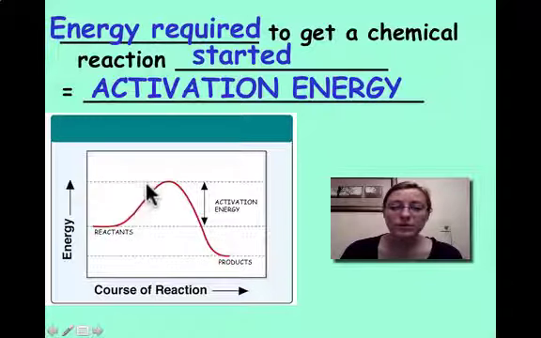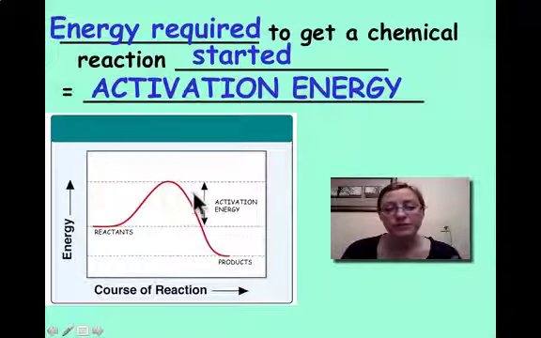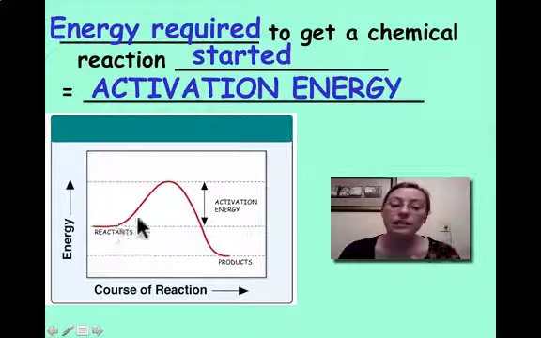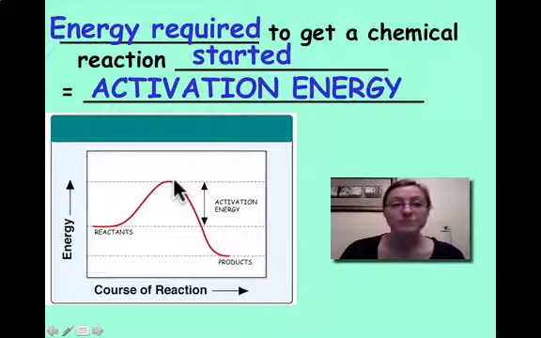So we need to input energy into the system, and remember that energy being inputted is to break bonds, and then energy is given off as the products are made, and if there is more energy given off than we had at the beginning, then we're going to call this an exothermic reaction. Okay? But regardless whether it's exothermic or endothermic and we end up here with the products, remember they all require this amount of activation energy.